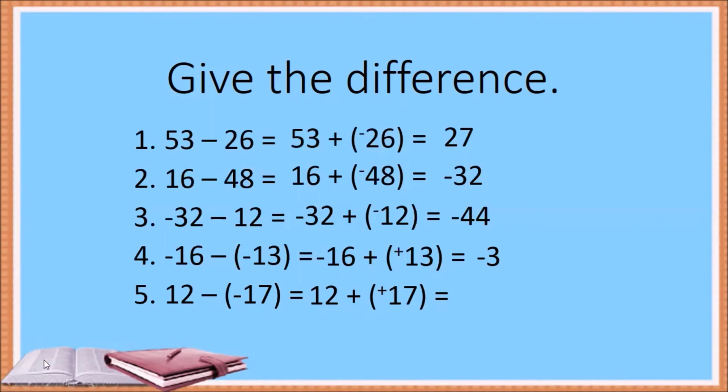Pagdating sa subtraction, may mga binabagong sign. So, observe natin in last number, they are in common sign. So, add 12 and 17 ay 29, at ang kanilang common sign ay positive. Therefore, the difference between 12 and negative 17 is equal to 29.